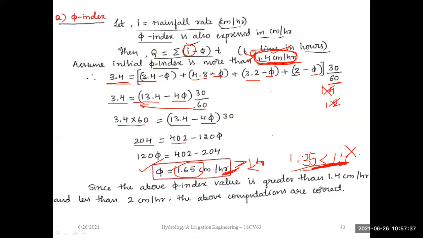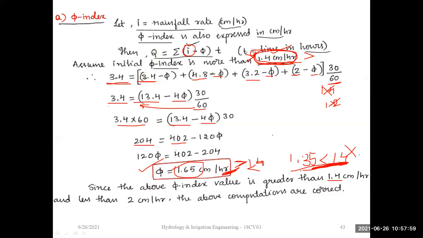So then what you have to do, you have to increase the assumption value. Okay, so you have to revise the new value. So that is how the phi index is calculated. So as I told, it is greater than 1.4, so the value which we have obtained is a correct value. So that is the calculation of phi index.